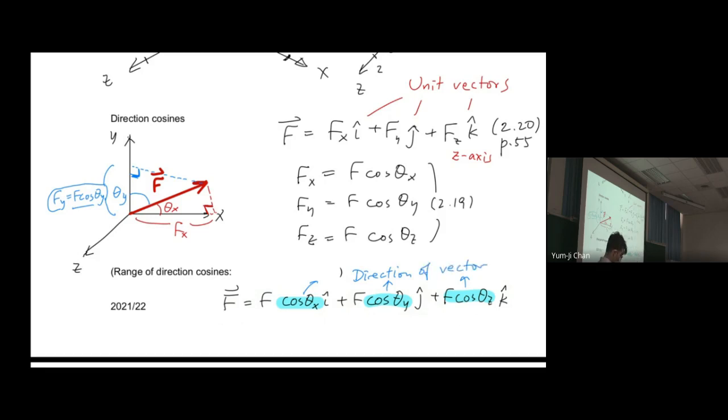Therefore, these three are called direction cosines collectively. Is it okay?